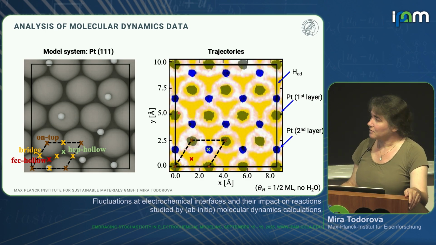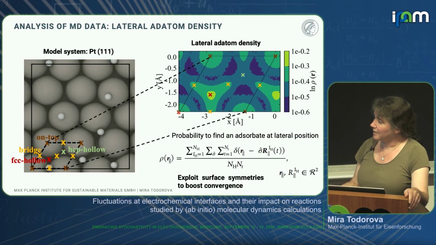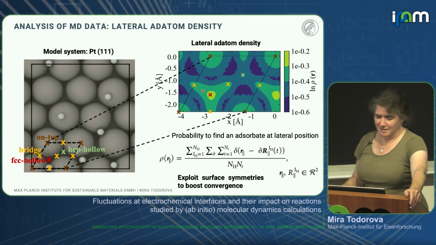Now, having this trajectory, what we can do is get the probability distribution for the hydrogen. So we look at the lateral positions of the hydrogen, which we can calculate, and this is the plot that we get. Here I have indicated the various high symmetry adsorption sites: the bridge site, top site, and the hollow sites.